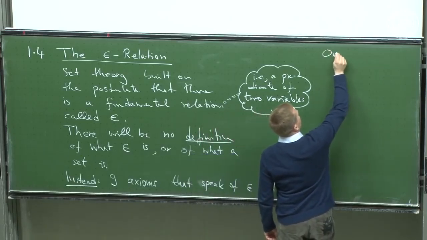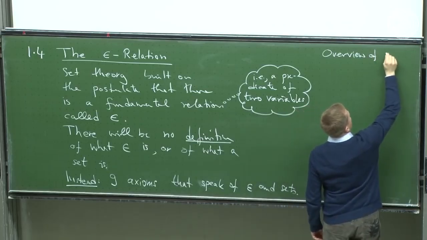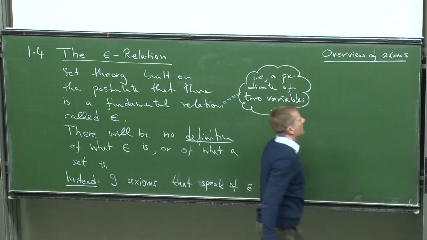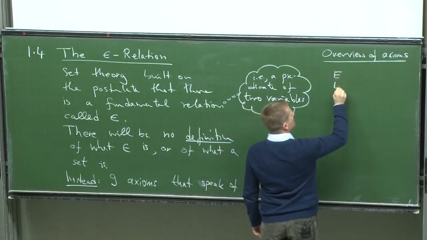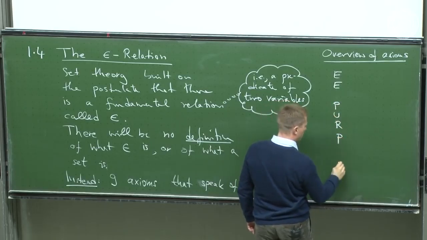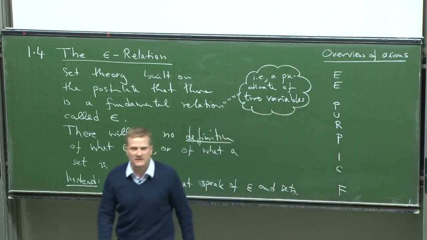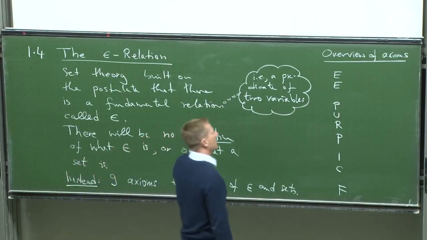So, an overview over the axioms. I memorize them as EE perp ICF. So you've got to learn this like a poem. EE perp ICF.